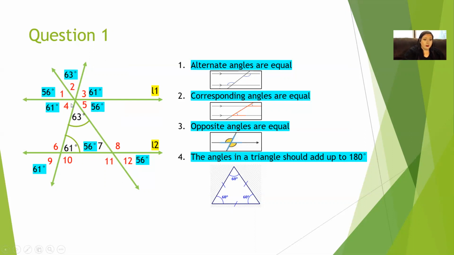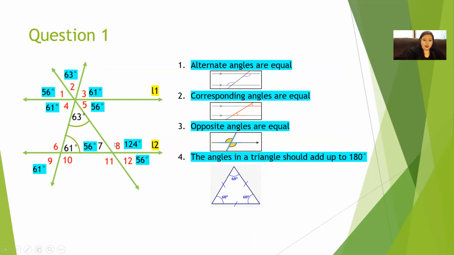Because we know that number 1 is 56 degrees, its opposite angle, 5 right here, is 56 degrees. We know that 8 is going to be 124 degrees because angles 8 and 12 should add up to 180 degrees. If we subtract 56 from 180, we get 124 degrees.